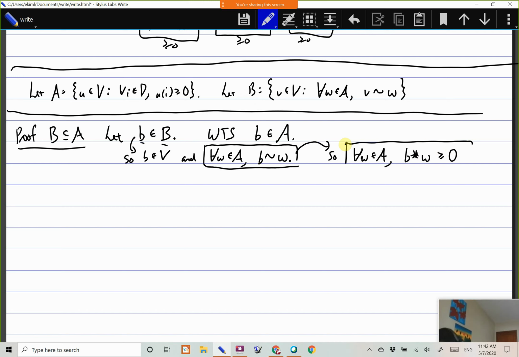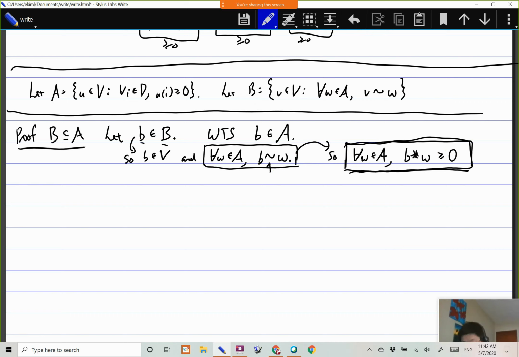So this is just translating what's in this box by unpacking what this tilde meant. All right. So again, we're not trying to prove this box statement either. It's a statement we know. We're looking for an opportunity to use this fact, but to use this fact, you need to have an element of capital A. We don't have one yet.